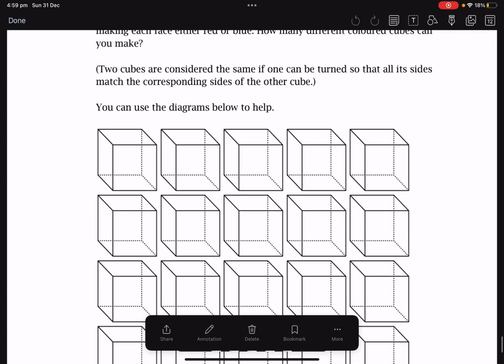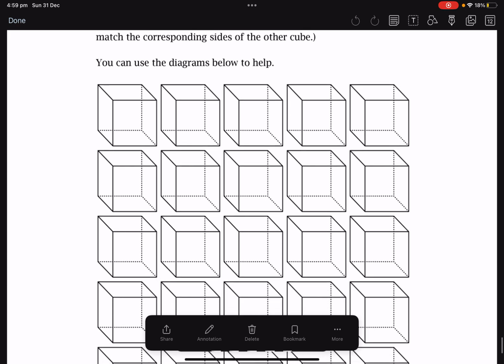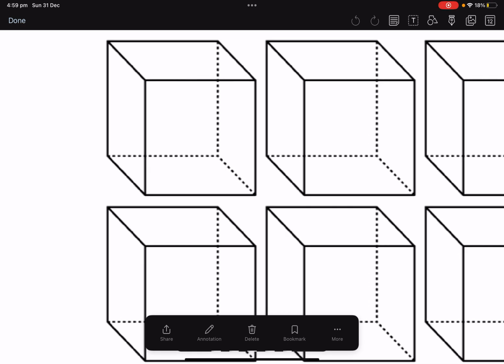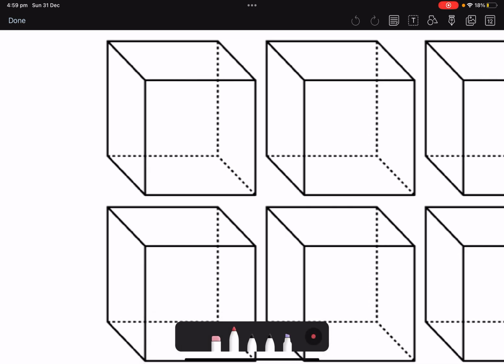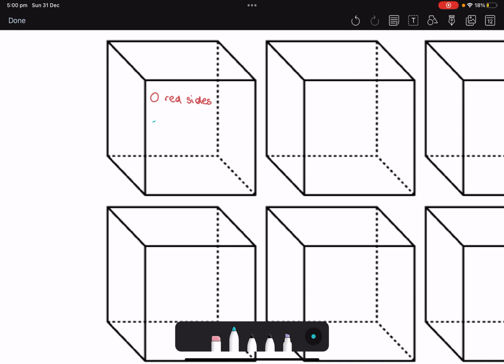Two cubes are considered the same if one can be turned so that all its sides match the corresponding sides of the other cube. You can use the diagrams below to help. So, one way we could do it is 0 red sides, which would mean that all the sides are blue.